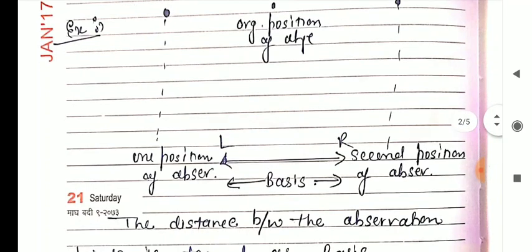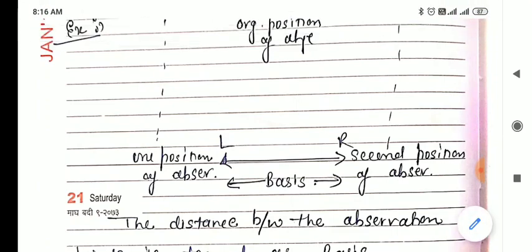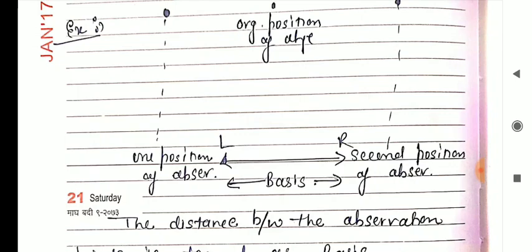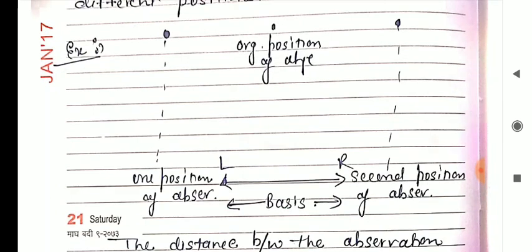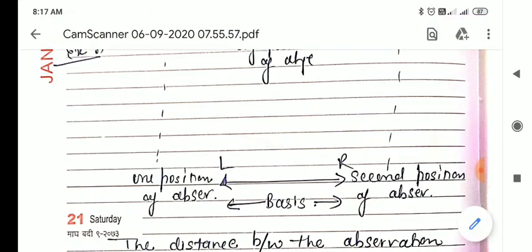When we see the object only from the left observation point, the position of the object appears to be shifted to the left side. In the second case, when we observe the object from the right observation point, R, the position of the object appears shifted to the right side, but the actual position of the object is at the center of the two observation points.